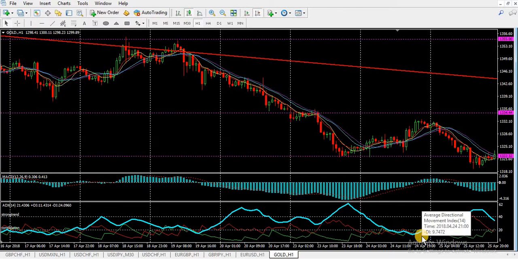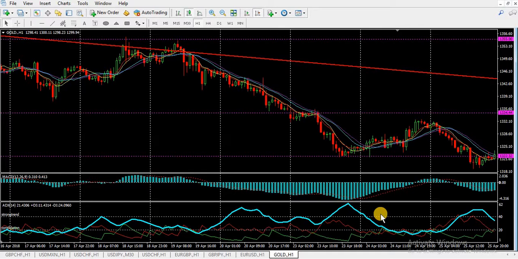Basically, by consolidation, this means that anything below the 20 level, which is this level here, is consolidating, and everything above the 40 is in a strong trend, really trending in that direction. It means it's highly trending, and it's probably about to run out of steam, and then it's going to continue again.